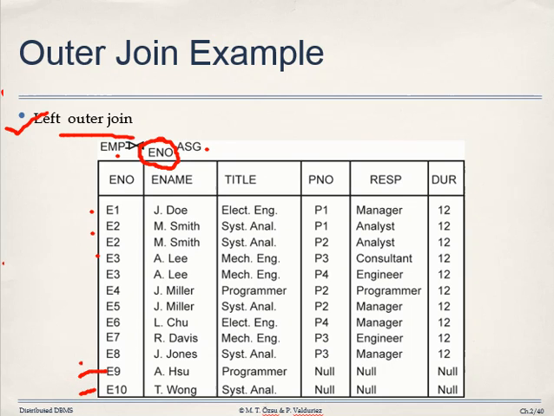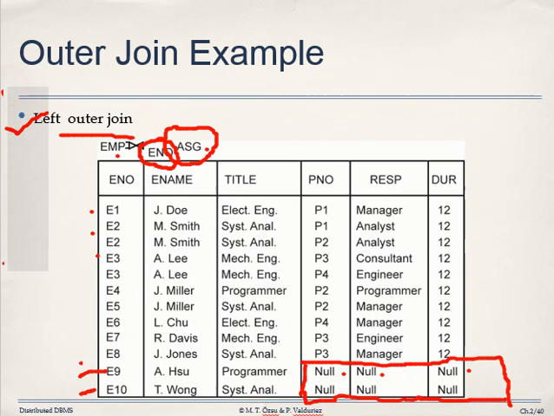So in that case we don't have any record, because this record does not fulfill the condition of a natural join. So that particular record is displayed as null, because for E9 and E10 a record is available in the employee table, but with respect to that record the ASG table does not contain any information, so it will be displayed as null.